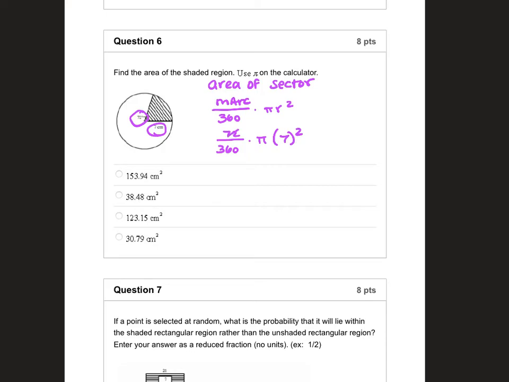So this can actually get reduced to 1/5. 1/5 times pi times 49, and I can multiply that all out. So 49 over 5 is 9.8 times pi, which is 30.787, or 30.79.